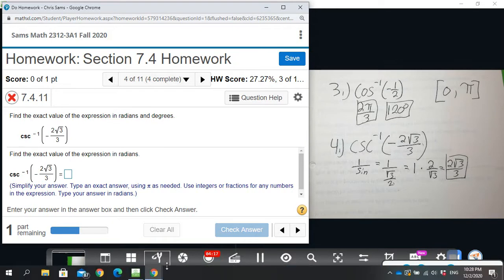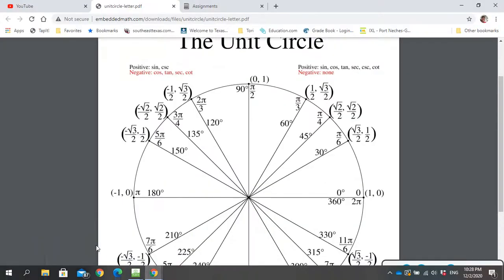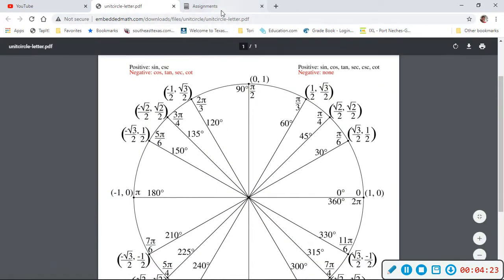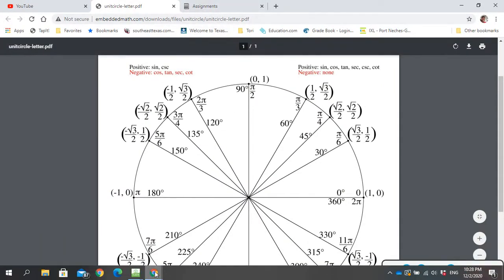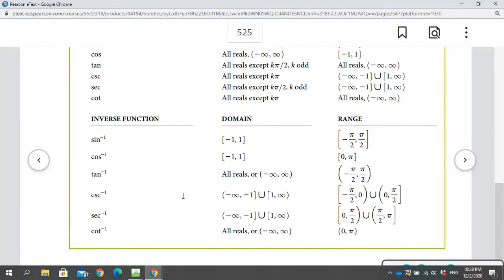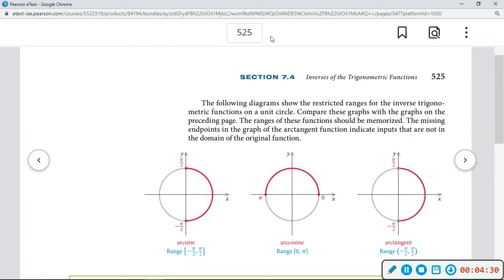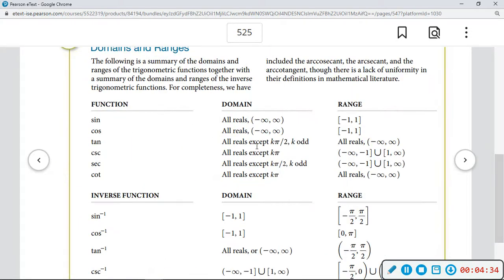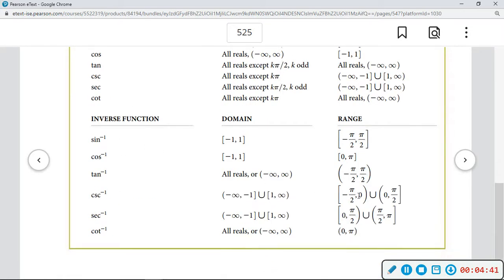So I'm going to my unit circle, looking for negative square root of 3 over 2. I also want to show you the restrictions here. I've got to be careful, they change up a bit. On page 525 of the textbook, it gives you a full chart of all the trig functions, their inverses and all their restrictions.